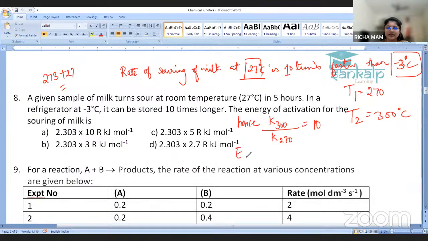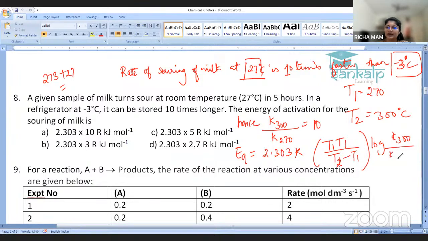Now let us find out the energy of activation. This is the formula: 2.303 R, T1 T2 by T2 minus T1, into log of K at 300 by K at 270. Put the values, everything is given.